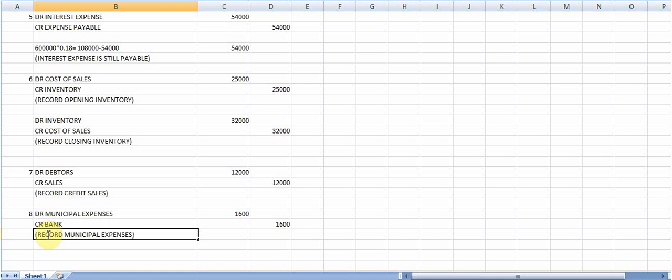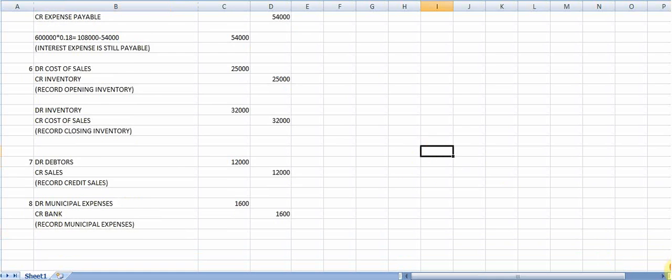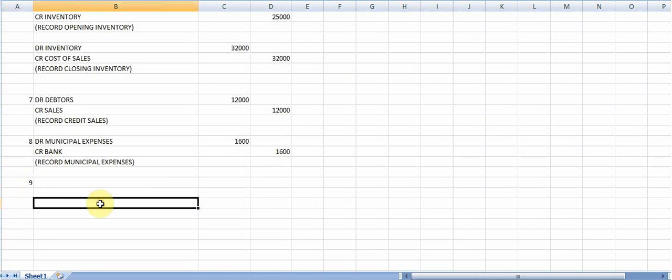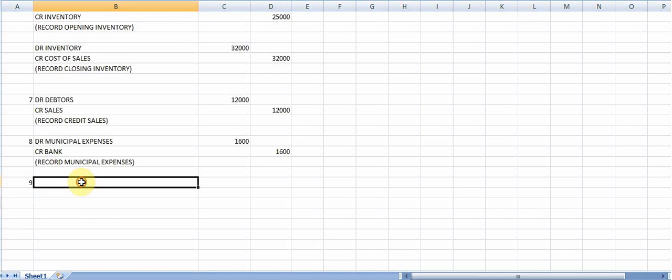Right, we are then at the last little entry, number 9, which is your depreciation. So the depreciation was for the equipment, so my double entry will always be debit depreciation, and I will have to credit accumulated depreciation on equipment.